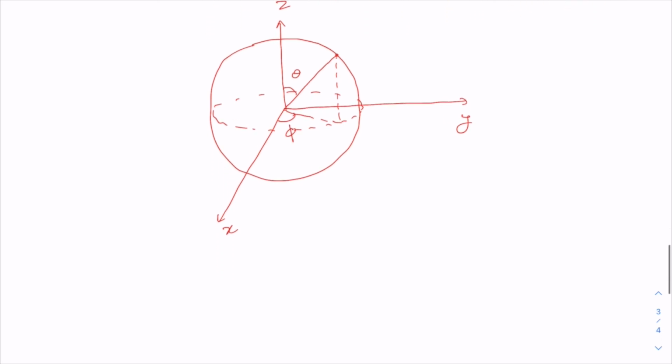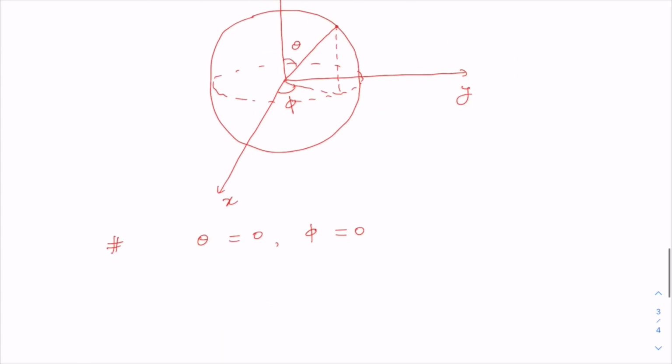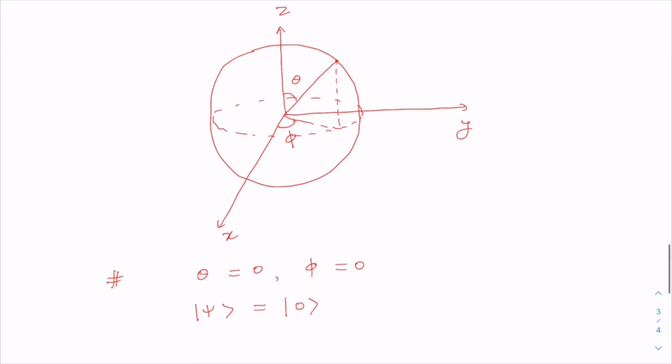To give you some example, let us say theta is equal to 0 and phi is equal to 0. Immediately from this expression you will see that this will represent the state ket 0, and as theta is equal to 0 and phi is equal to 0, this would mean this particular point. So let us say this is the north pole.